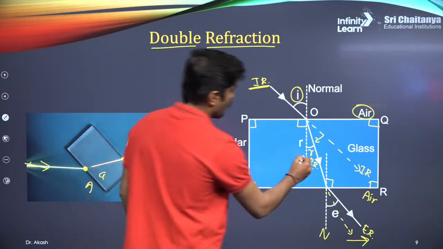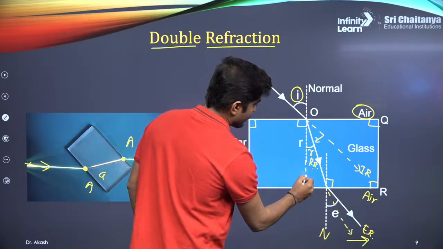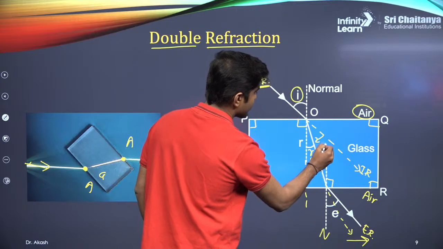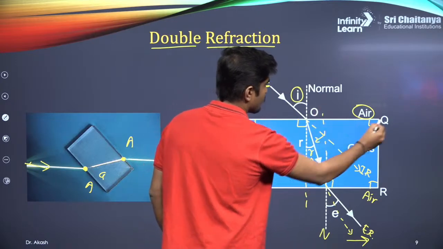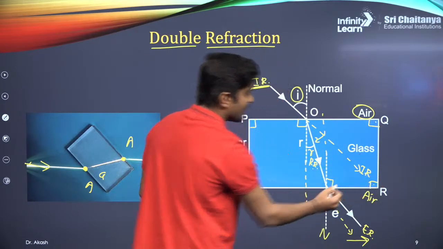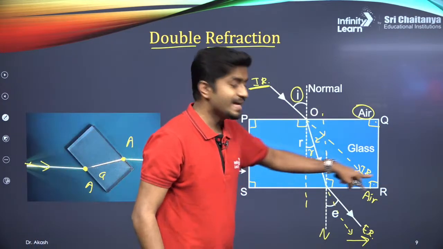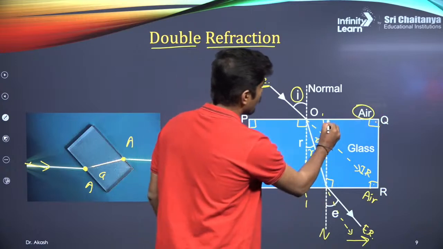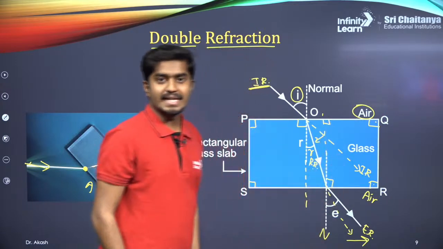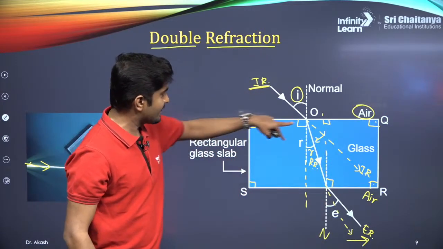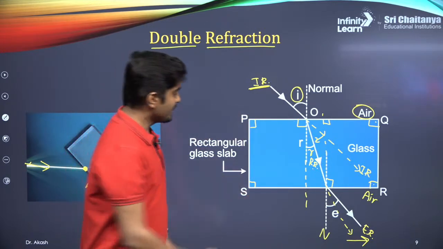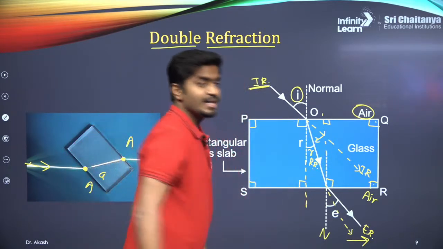If I extrapolate these two normals, you can see three angles here are 90. For this quadrilateral, three angles are 90, so the fourth angle should also be 90. Even for this other quadrilateral, three angles are 90, so this angle should be 90.